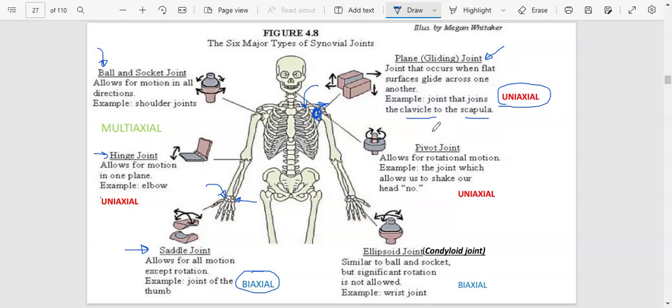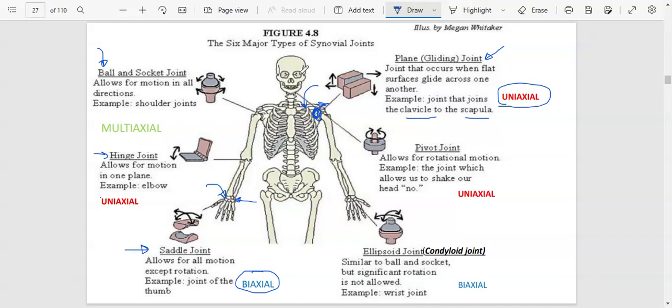We also have a pivot joint, which is a type of synovial joint. Now, a pivot joint allows rotation, like you can rotate. An example is the joint which allows us to shake our head when we want to say no. That shaking of the head allows some rotation.